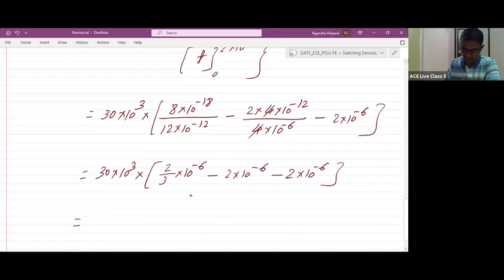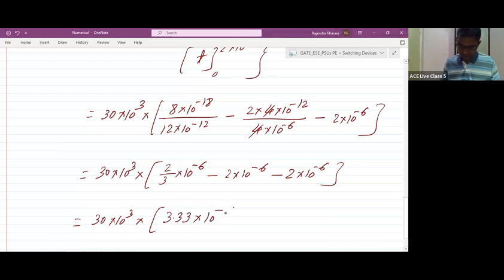So if we simplify it, we'll be getting it as equal to 30 into 10 to the power 3 into, yes, this term will be, yes, it is a 3.33 into 10 to the power -6.